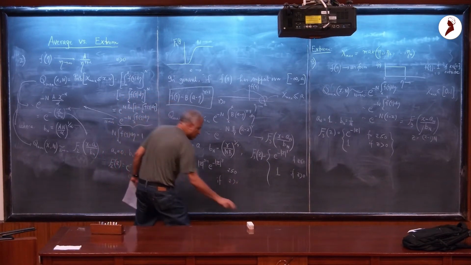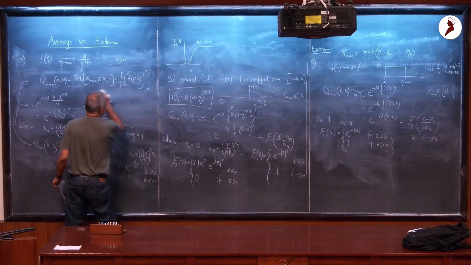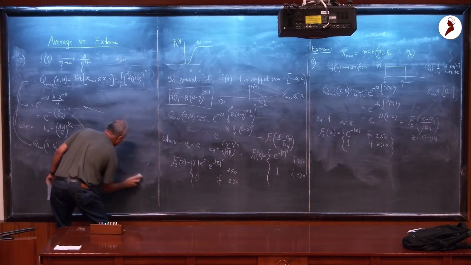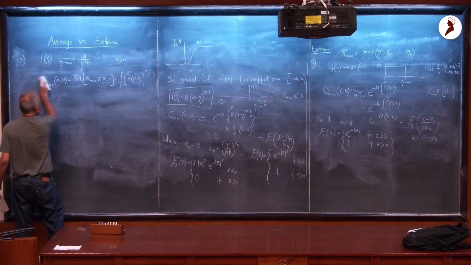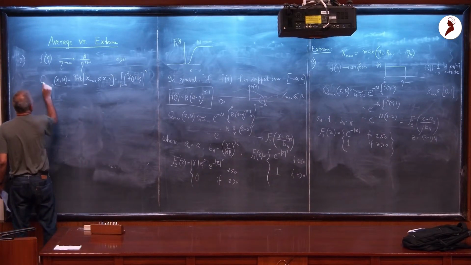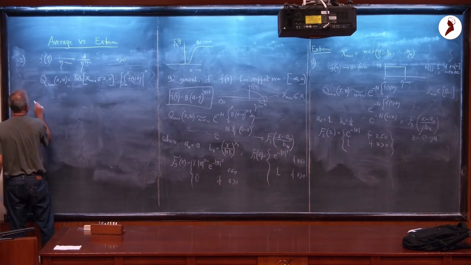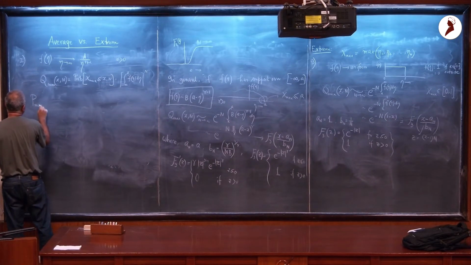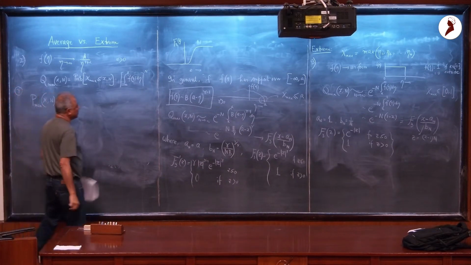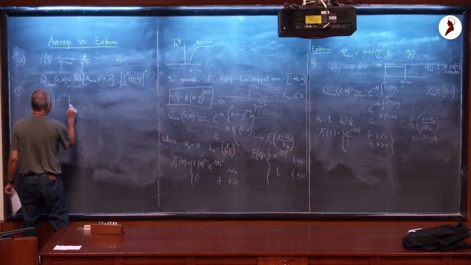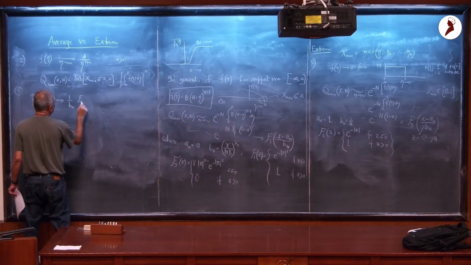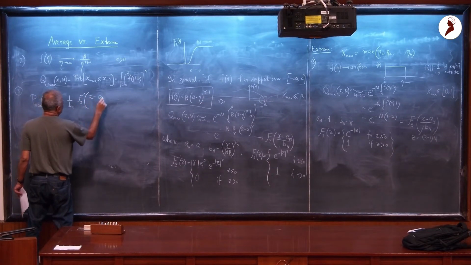So therefore, what you see is that the PDF of the maximum in this third class, which is the derivative of Q with respect to x, which means 1 over bn, converges in the large n limit to the scaling function f3 prime.